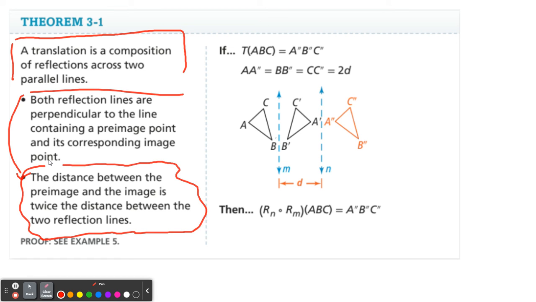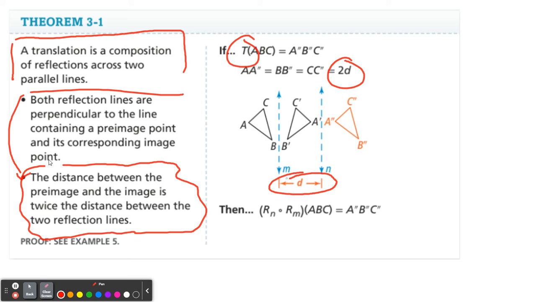So in this picture, again, A to A double prime, B to B double prime, C to C double prime is 2 times this distance right here. And again, this is a composition of those reflections. So again, the translation is 2 times the distance, and that distance is right here.